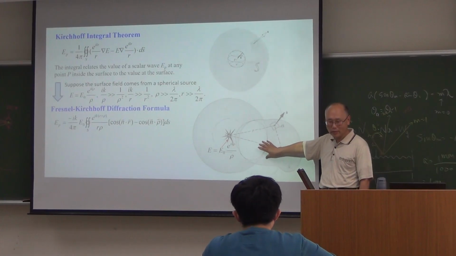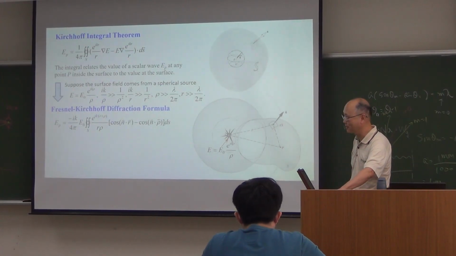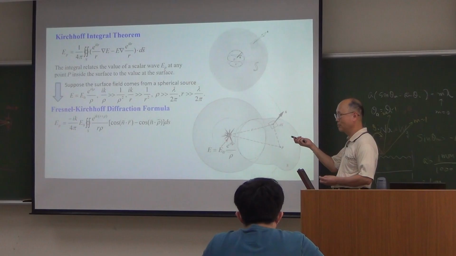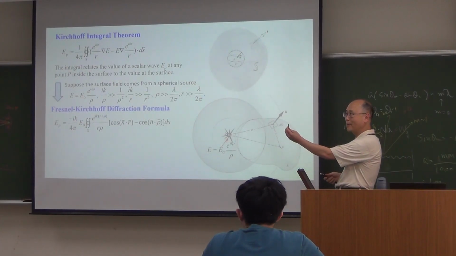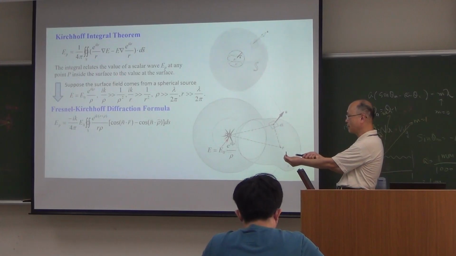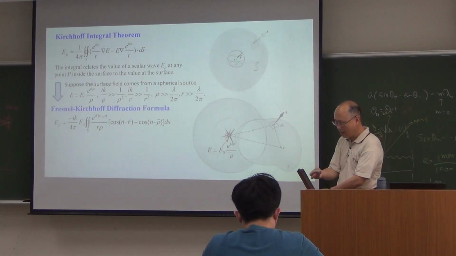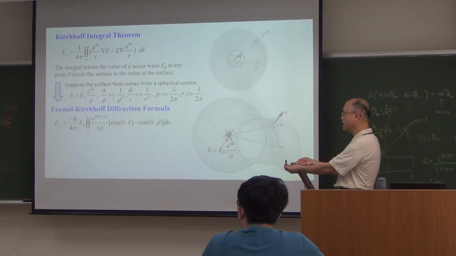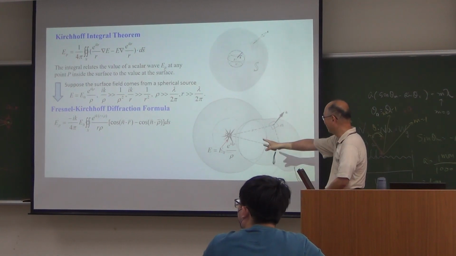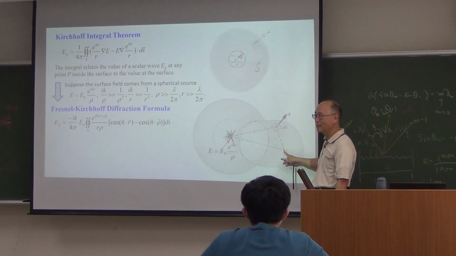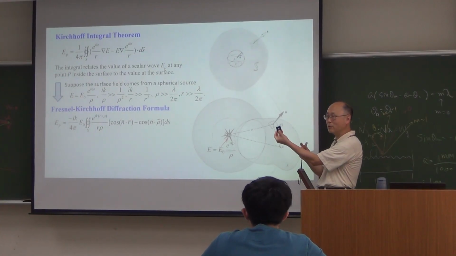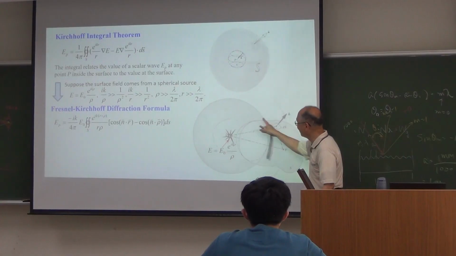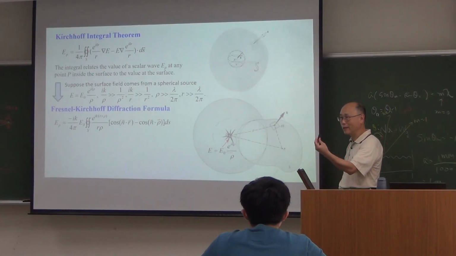Why do we want to look into this? Well, look at this. We have a source, and we have some aperture, and then we send a laser onto it, and then you see something. That is the electric field you want to know. This aperture defines the field on the surface, right?